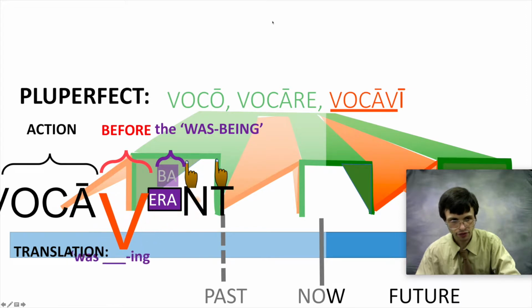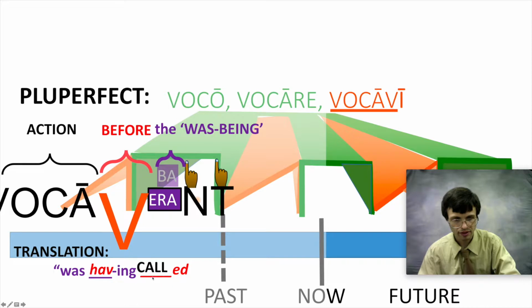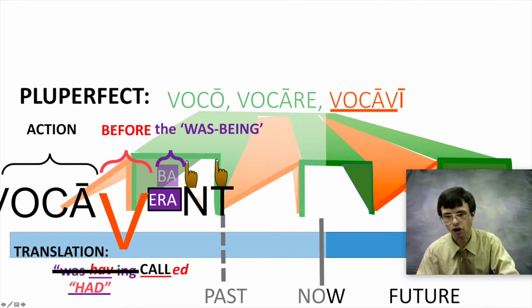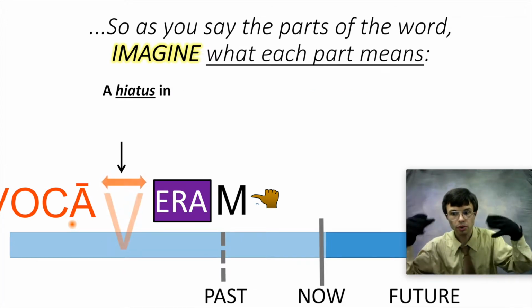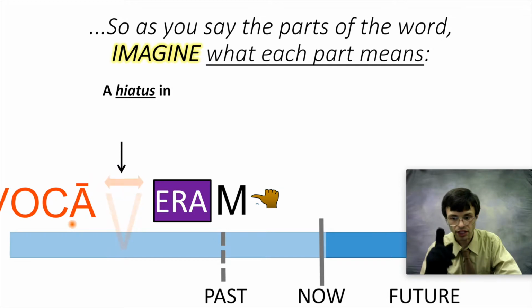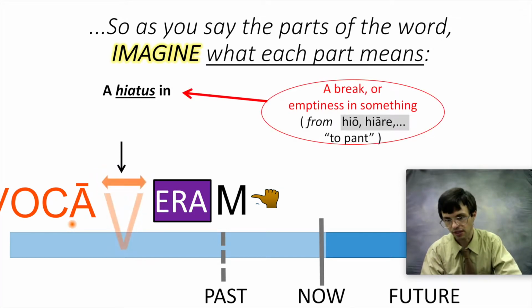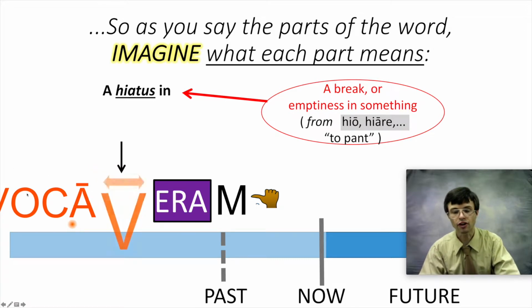And the translation therefore was, having, and called, which all combines to give had called. So as you say the parts of the word, imagine in your mind what each part means. The V means a hiatus or a break, an emptiness that separates the eram situation being described from the voca action that had occurred even further back in time.